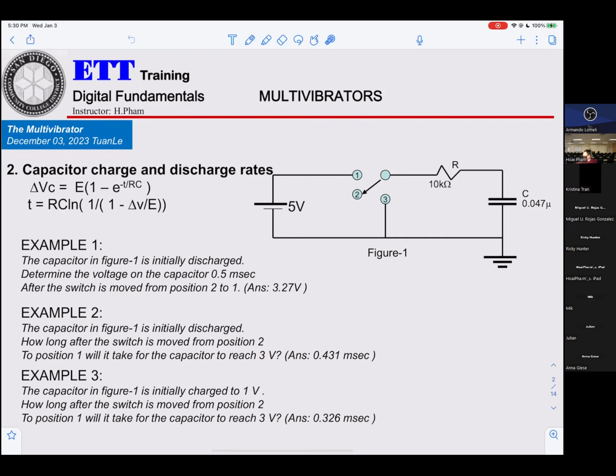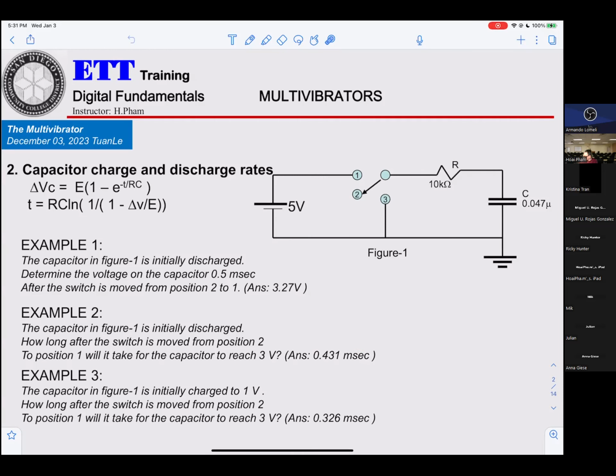You already know R and C. The only things you need are delta V and E. If you do it right, you get t will be 0.431 millisecond.